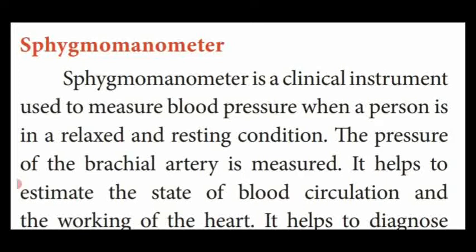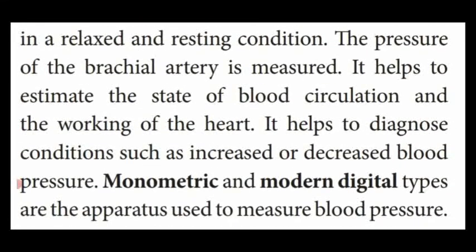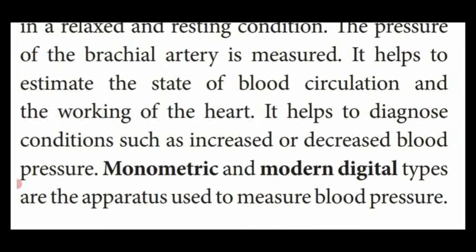Dear students, we have already studied three types of blood circulation: systemic, pulmonary and coronary circulation. This circulation is also estimated with the help of the sphygmomanometer, and the working mechanism of the heart is also measured by it. This instrument helps to diagnose increased or decreased blood pressure. That is the main one.